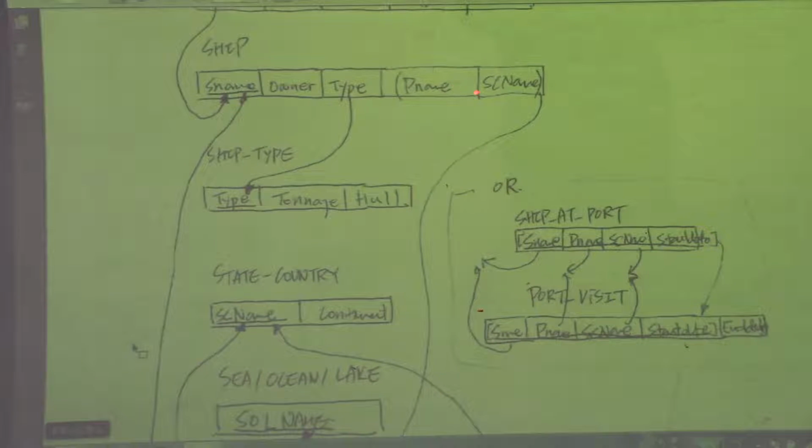So Bridgeport plus California and Bridgeport plus Connecticut are different. However, if you refer separately, P name is Bridgeport and the SC name is only the state, it's a different meaning. Okay, so you should be careful. It depends on the requirement. Here, I try to use the combined, composite primary foreign key. Any question?